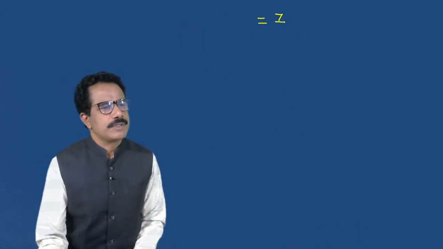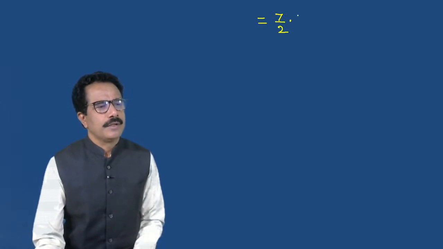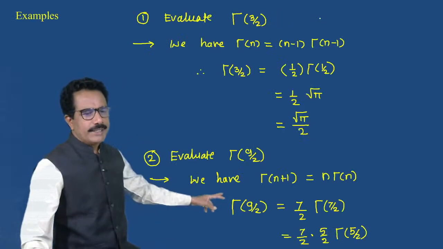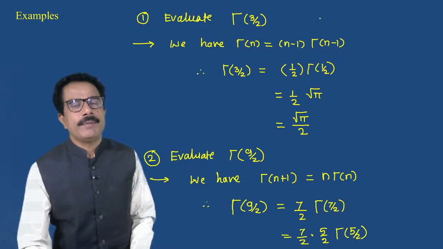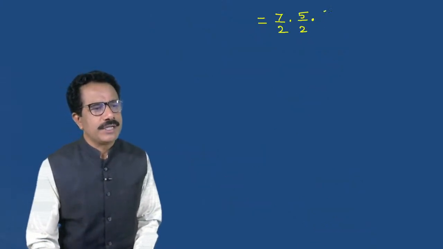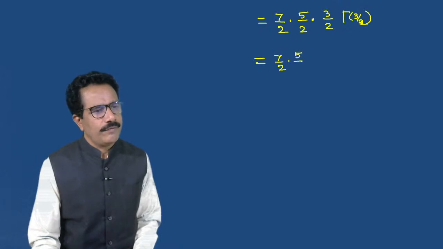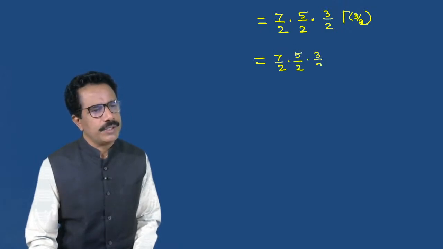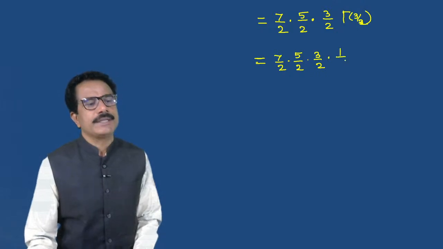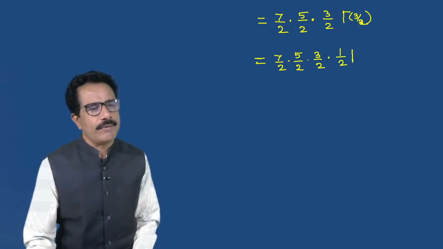So we can write 7 by 2 times 5 by 2. Again gamma 5 by 2 means we decrease by 1: 3 by 2 gamma 3 by 2. So it will be 7 by 2, 5 by 2, 3 by 2. Again gamma 3 by 2 means 1 by 2 gamma 1 by 2.